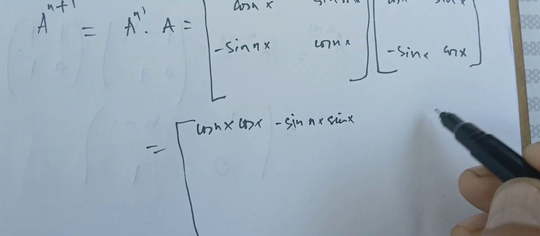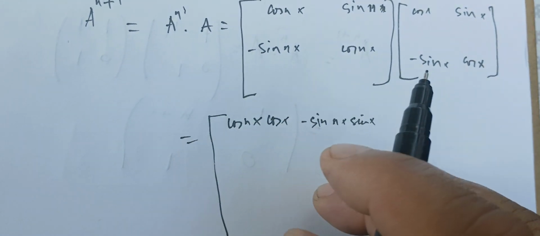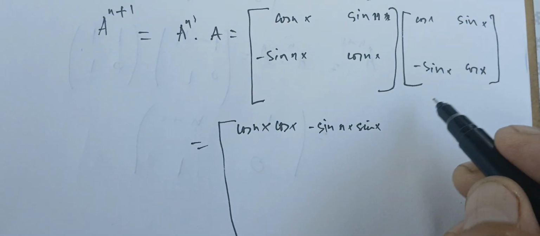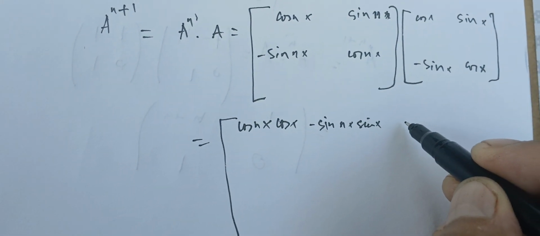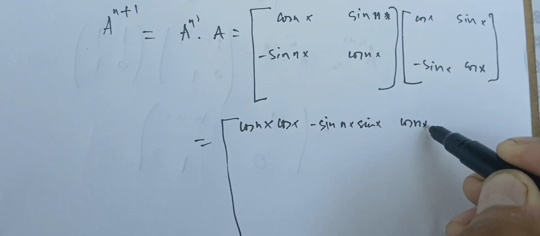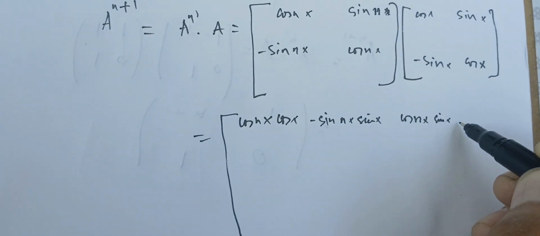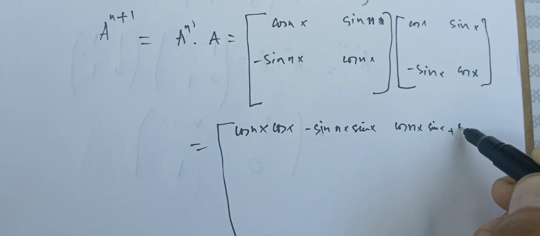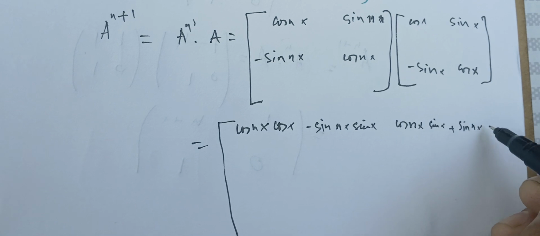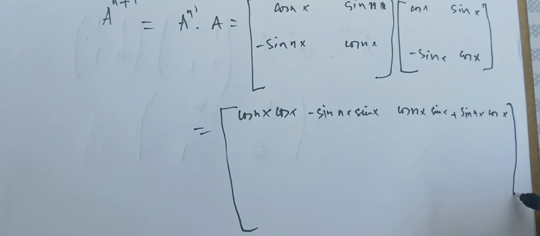And here in the first row, second column, we have cosine nx sine x plus sine nx cosine x.